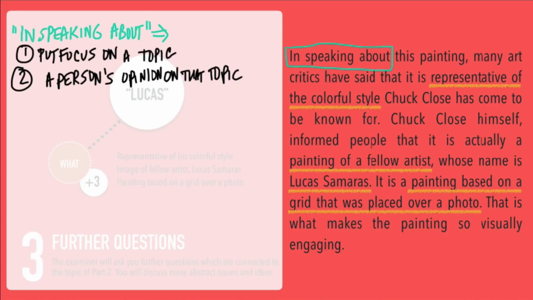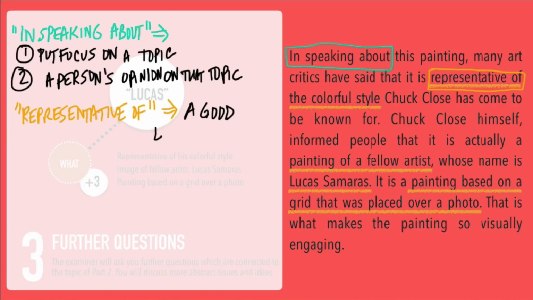Okay, let's move on to the next one. We see it right here. Representative of. Okay, so let's take it to the left side. Representative of. Now, this pattern just means a good example of.